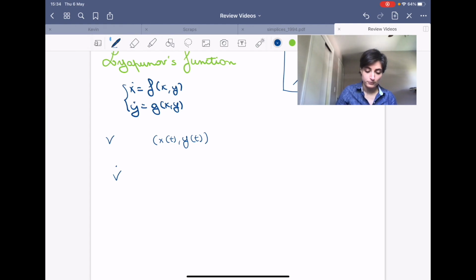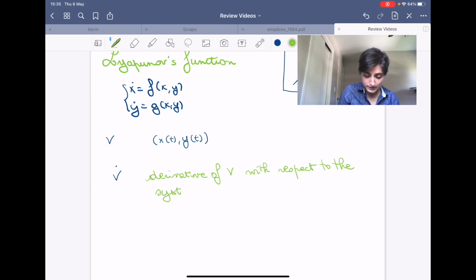The idea of a trajectory always moving in a certain direction with respect to v is encapsulated by v dot. V dot is called the derivative of v with respect to the system. What is the idea?